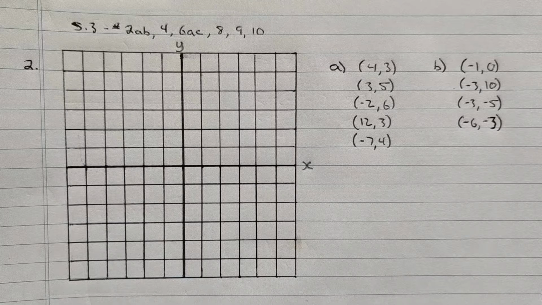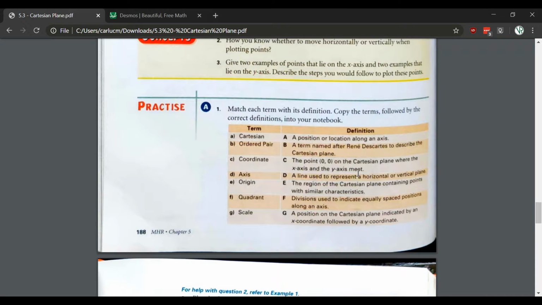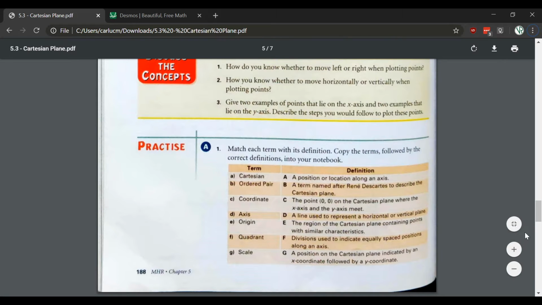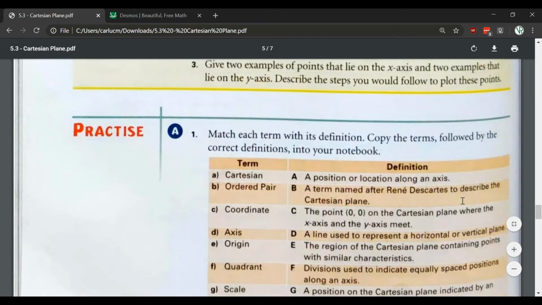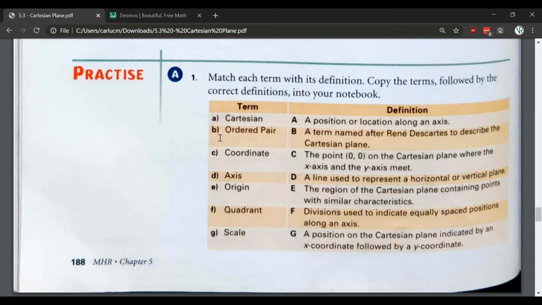So before we get started and actually plotting some points, just a couple key terms, and I'm actually going to flip over to the textbook portion. This wasn't an assigned question, but in the textbook there was a couple pieces. I'm going to zoom in a bit here. In question number 1, it actually had matching terms.